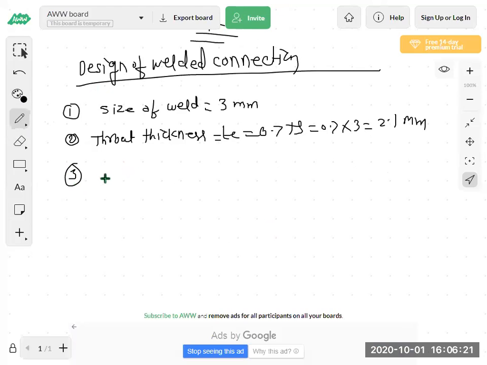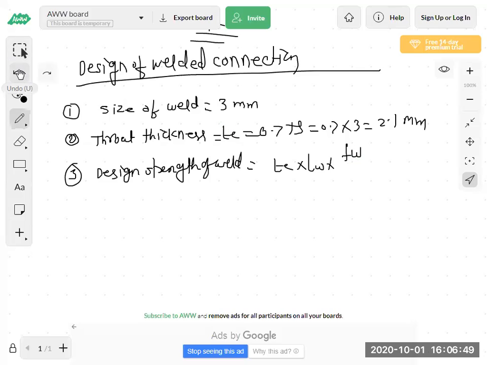Okay, now design strength of the weld is equal to T into LW into what? What is formula? Fu divided by under root of 3 gamma mw, correct?